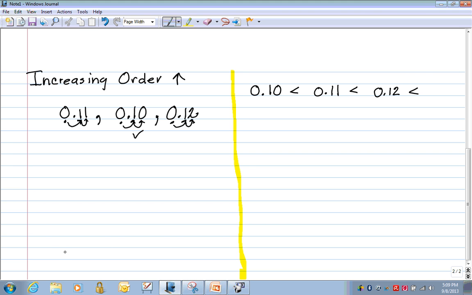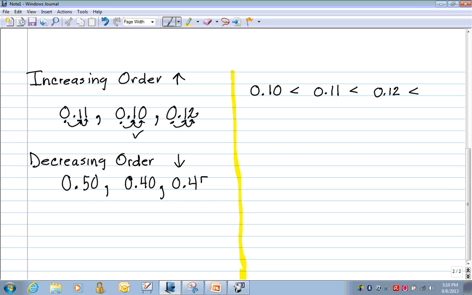Push pause for notes. If I want to write numbers in decreasing order, then I am starting with a larger number and going down. So for example, if I had 0.50, 0.40, and 0.45.